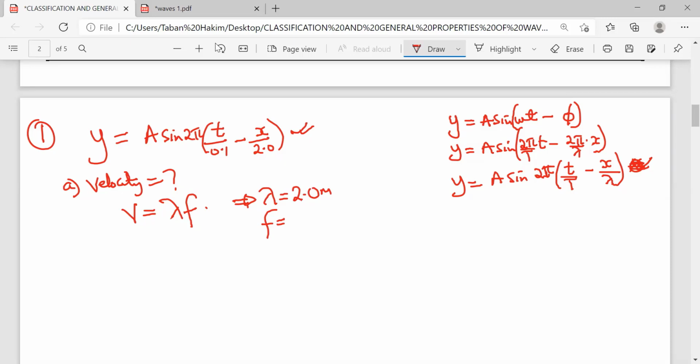How do we get the frequency? The equation for the frequency is 1 out of the capital T, that is 1 over the periodic time. The periodic time, when you compare, is 0.1, so 1 out of 0.1 gives us 10 Hz. Therefore our velocity equals lambda times f, which is 2 times 10, and this will give us 20 meters per second.